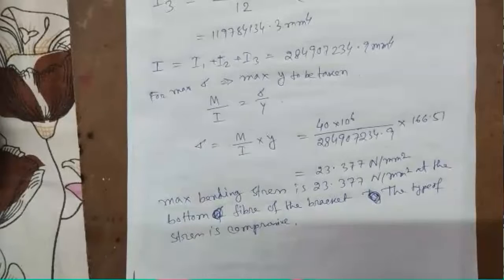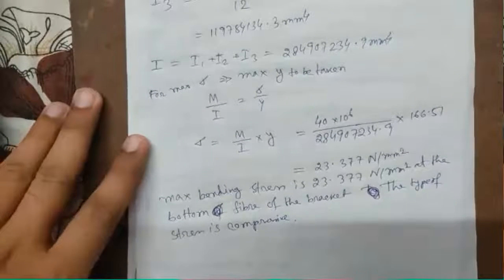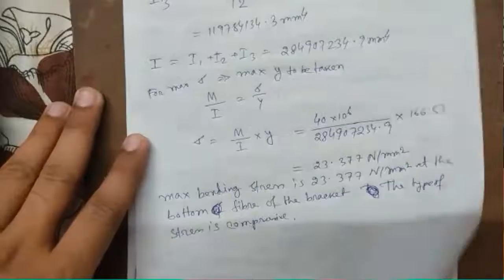This is very easy. We will solve one more problem for better understanding. I think the chapter is very easy. There is a very small number of formulas. Okay, so let us start the next problem. We have a T section over here.